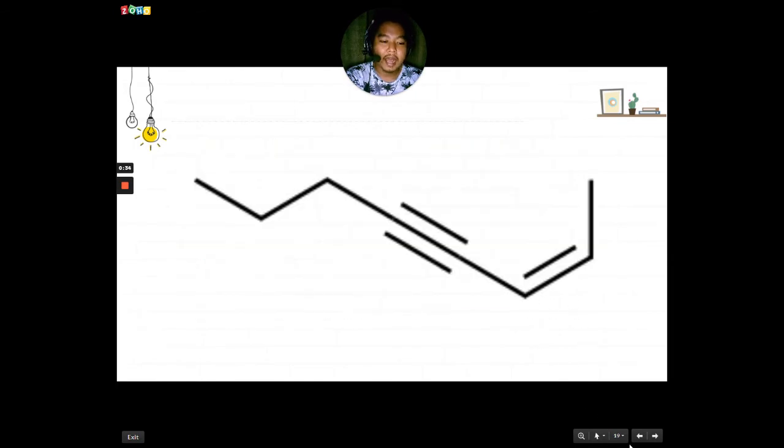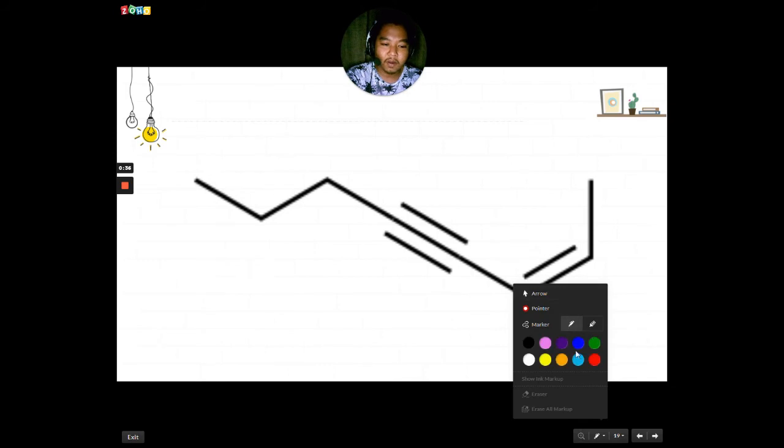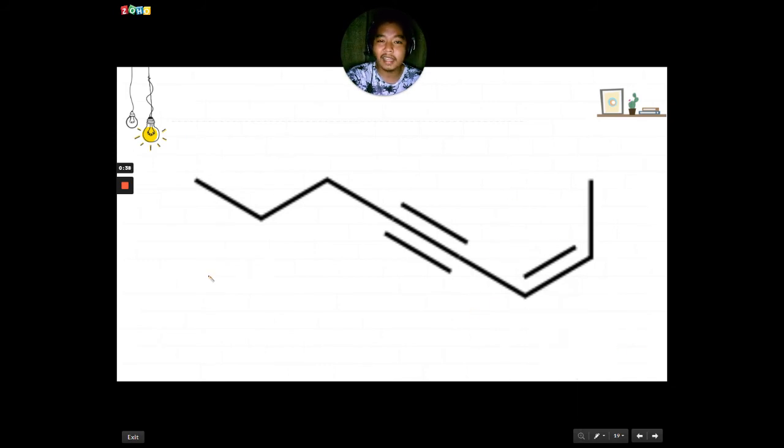Either we start counting, so obviously the first few rules, find the longest chain. When there is a double bond and triple bond, similar to considering them as a substituent or side chain, we are only after making them have the lowest possible combined number.